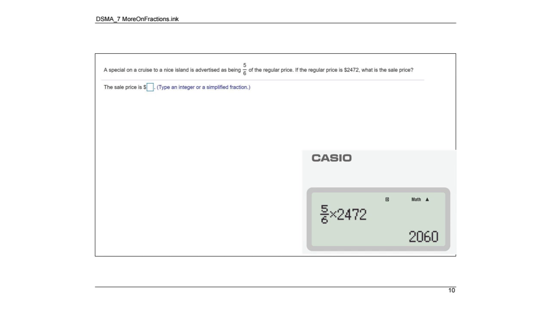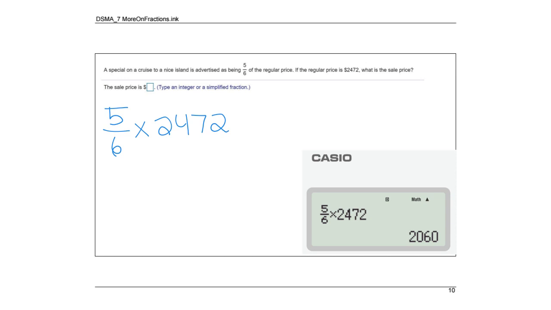All right, let's look at a few word problems. So we have a special on a cruise ship. Oh, that's not very appropriate right now. To a nice island, and it's advertised as being 5/6 of the regular price. So if the regular price is $2,472, what is the sale price? That means that we are going to have to take 5/6 of 2,472.